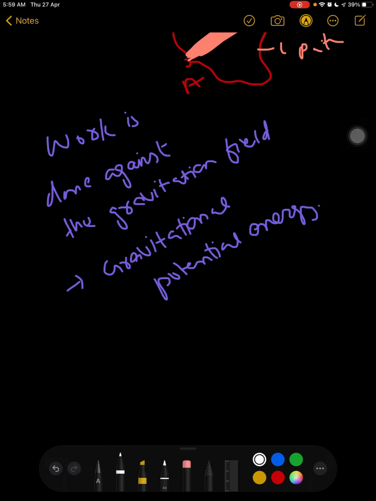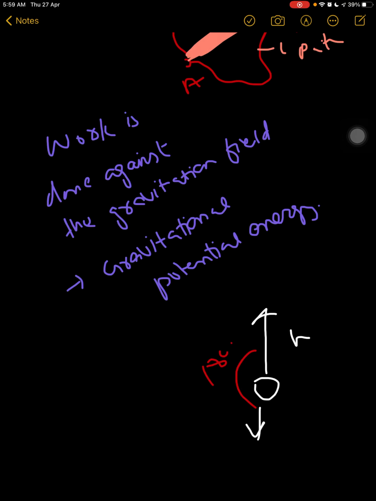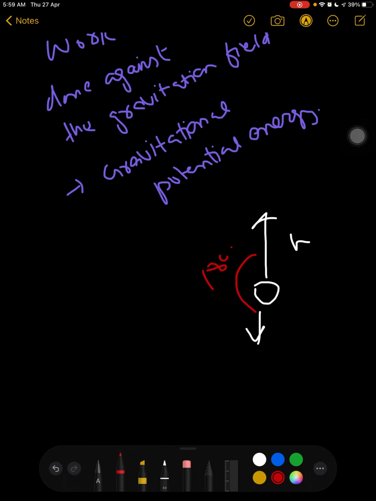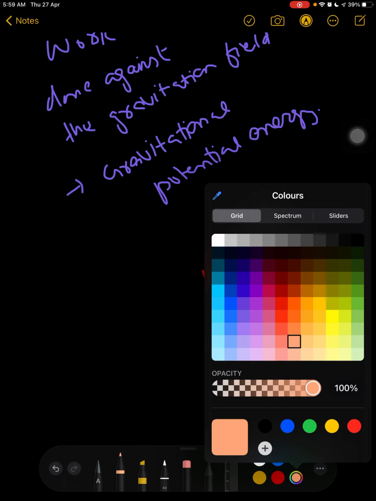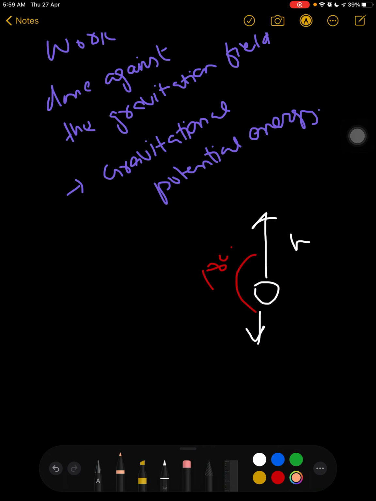So consider that there's a ball and I have thrown it upward, so obviously there will be gravity which will attract it, so this will be the height. The angle which will be made over here will be 180 degrees, right? If I want to find the work over here, we know that W is equal to F d cos theta.